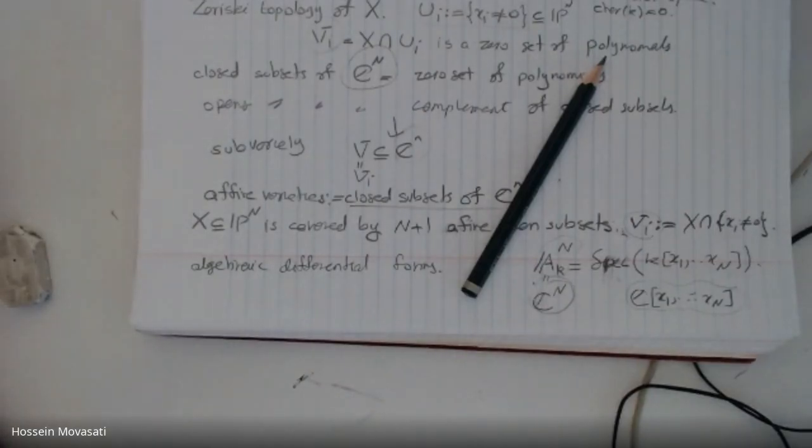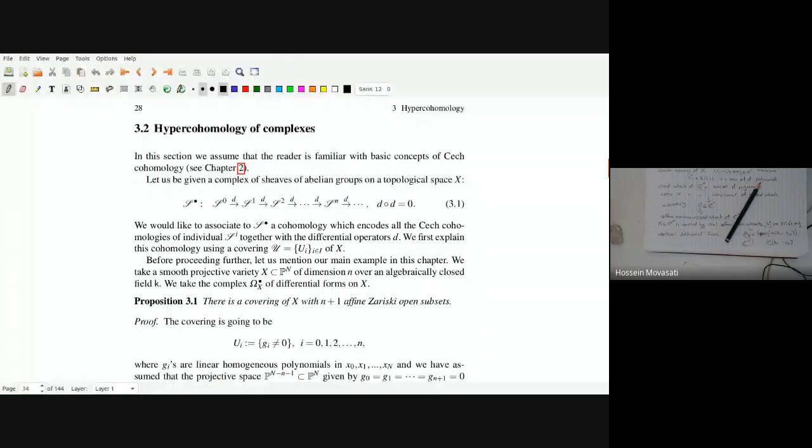Let me see, which one is this? Okay, so let's see. It didn't work.